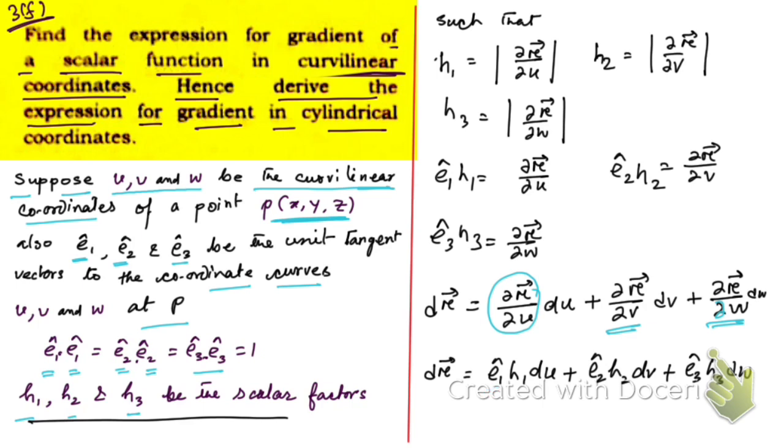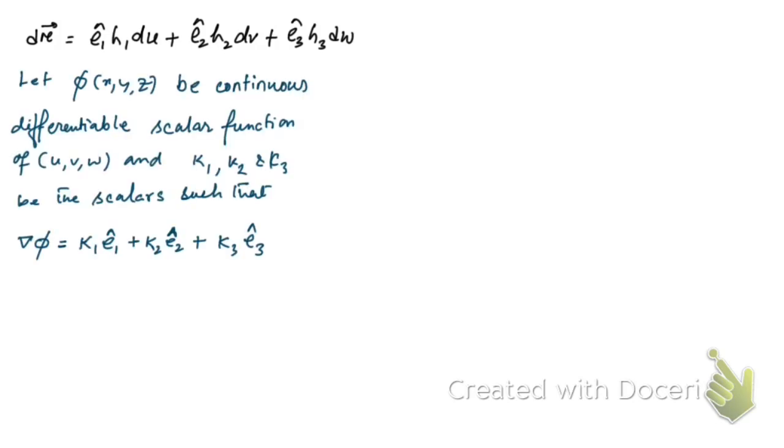Now let me take a new slide. First let me copy this result dr and let me take a new slide here. So this is the last step we have got. Now you see, let us consider that phi is a function of x, y, z. Here you see what we have done.